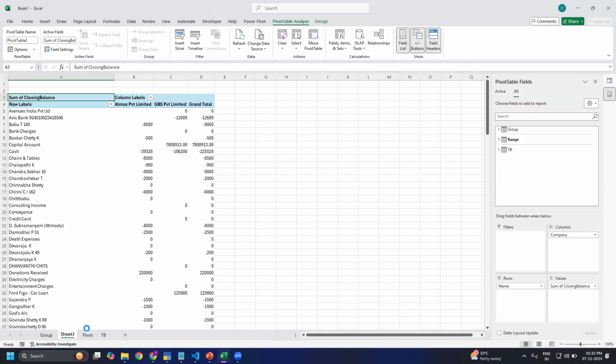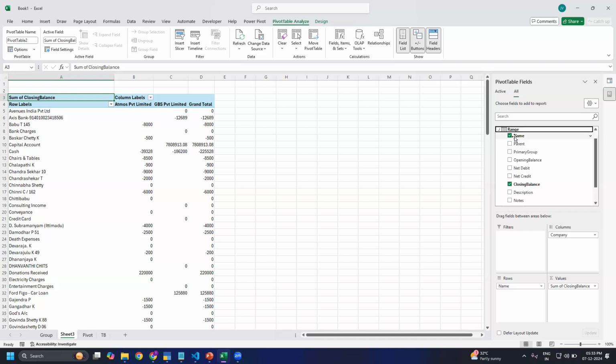It will create a new sheet and it will create a new table. It's called range. In this range, we have a TB, and now we are going to give a relationship with these groups and range.